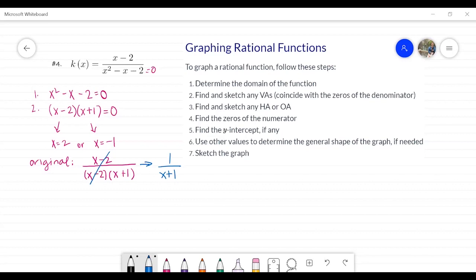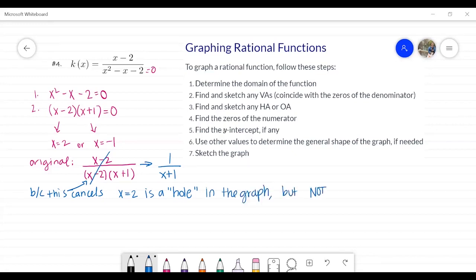Because this x minus 2 cancels, x equal to 2 is what we call a hole in the graph, but not a vertical asymptote. In this case, only x equal to negative 1 is a vertical asymptote, and this is a hole, and it's only because it cancels.